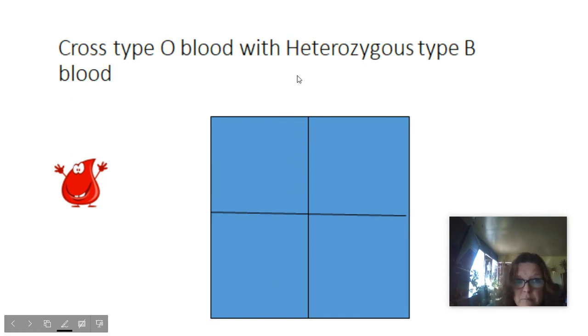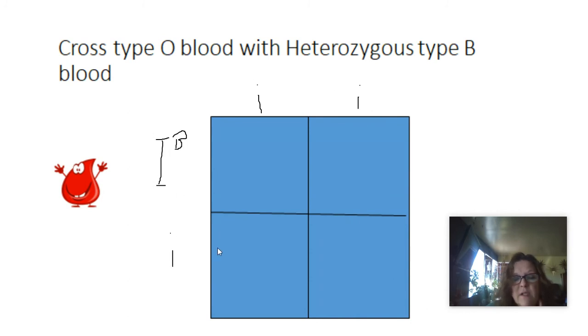Try another one. Now this one, we're going to cross type O blood, so we're going to annotate it like that, with heterozygous type B blood. Heterozygous, so they're going to have a recessive allele. So look what's going to happen here. We're going to get the dominant B from this parent and a recessive allele.